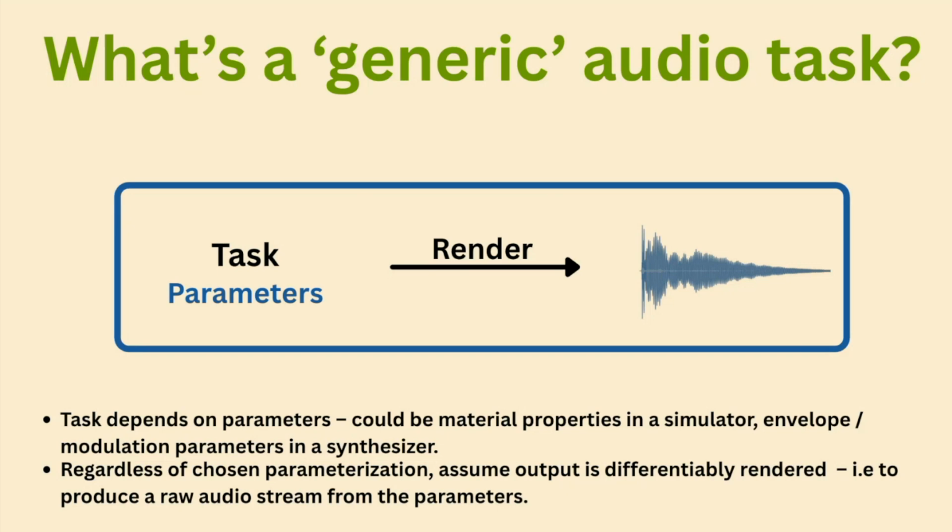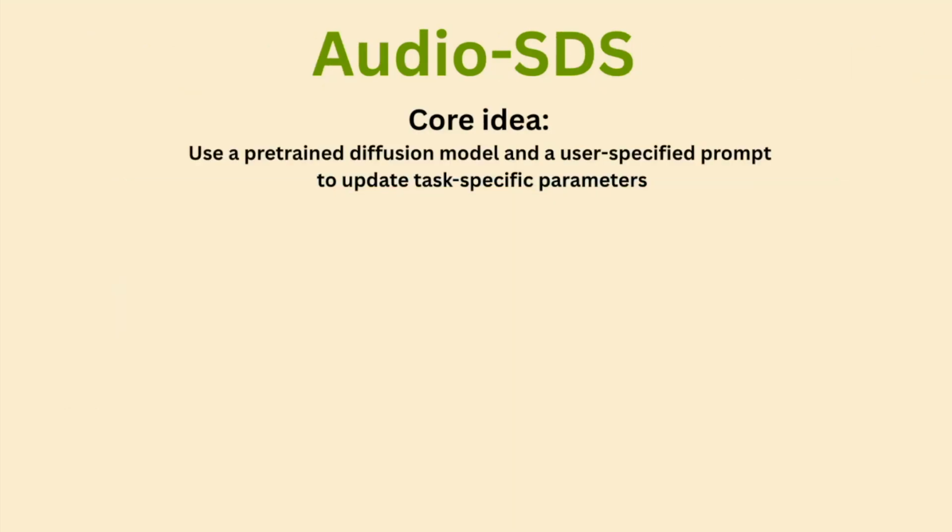Cool. So I will then tell you the core idea, and this is going to be a big slide that gives you a graphical animation of how the score distillation method works in audio. But again, the core idea is really that we want to use the pre-trained diffusion model. And now I'm also telling you that we're going to have a user-specified prompt. That prompt is going to describe what the task is trying to do, so what the output should sound like. And we're going to combine those things into an update for the parameters of the task. So what this is going to look like is something like what we just showed. We have the task and the parameters. We're going to render that to produce an audio output.